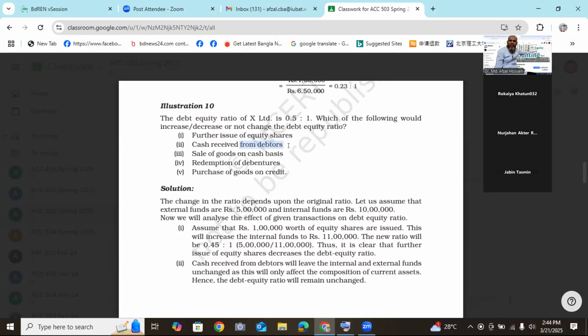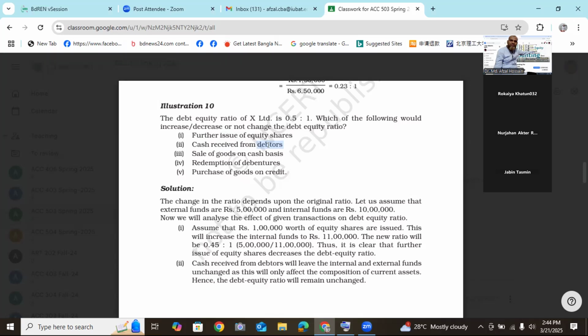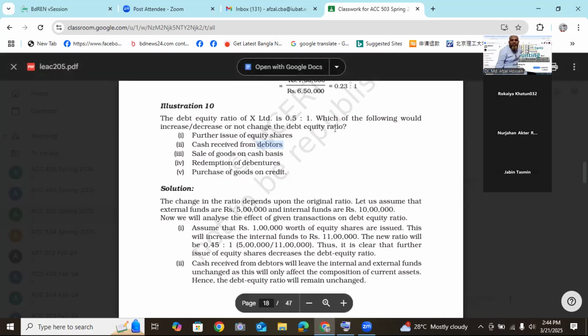Debtors are persons to whom you earlier gave credit, and now they pay this amount. What is the impact of this? If you receive money from your debtors, will it increase, decrease, or cause no change in the debt to equity ratio?